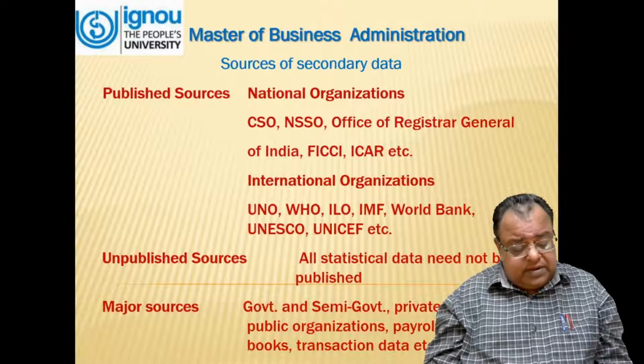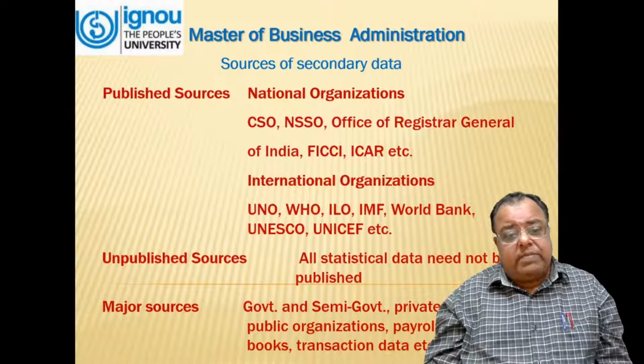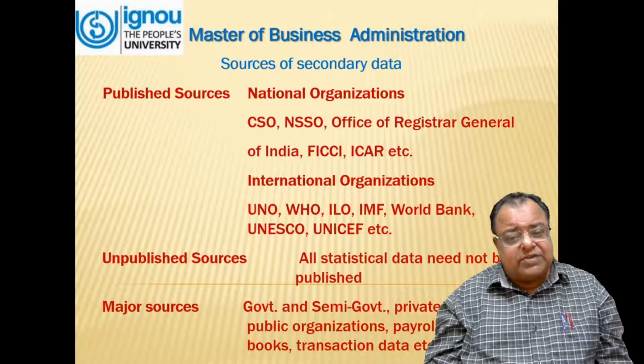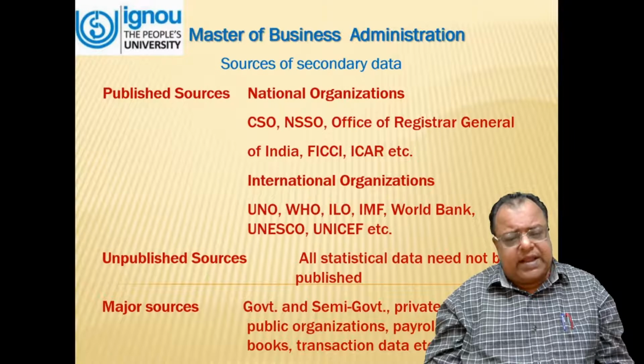What are the sources of secondary data? It can be through a published source, such as national organizations, CSO, NSSO, Office of the Registrar General, FICCI, ICAR, etc. These are national.